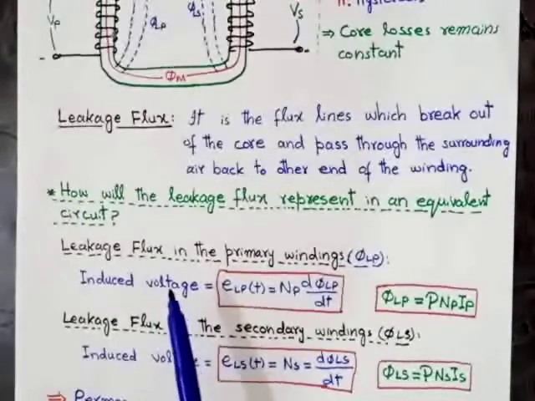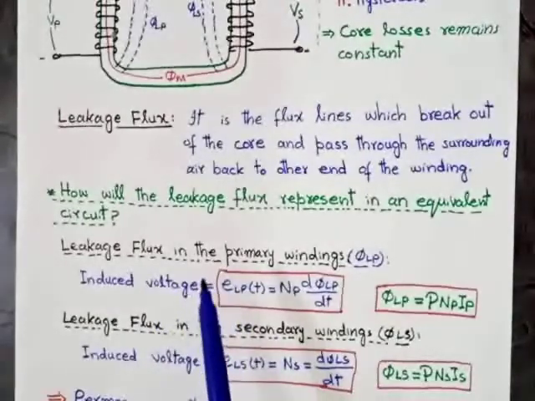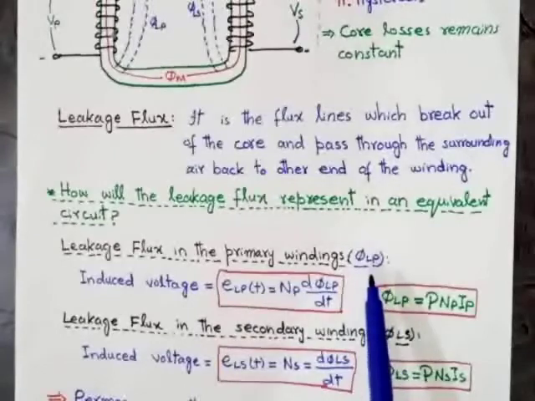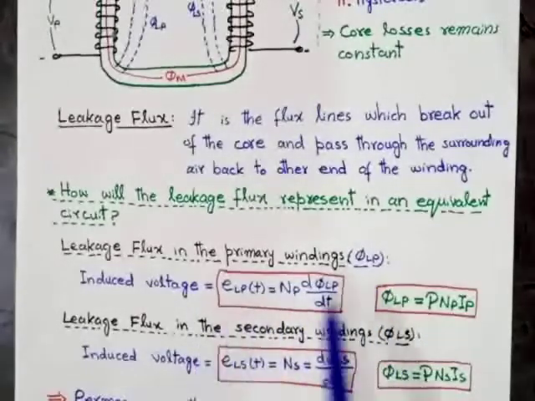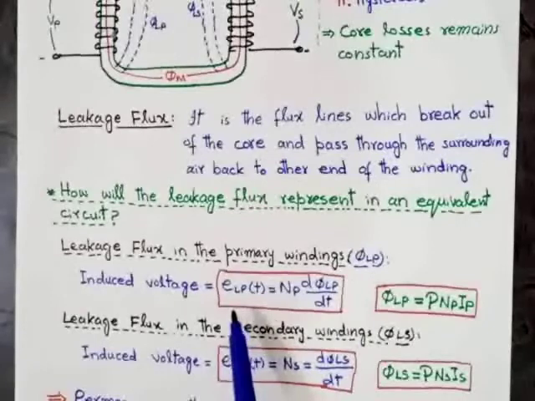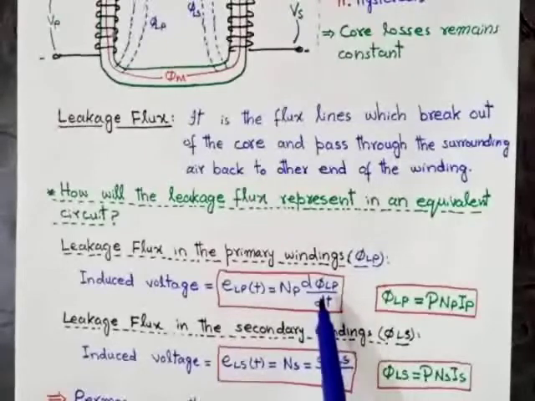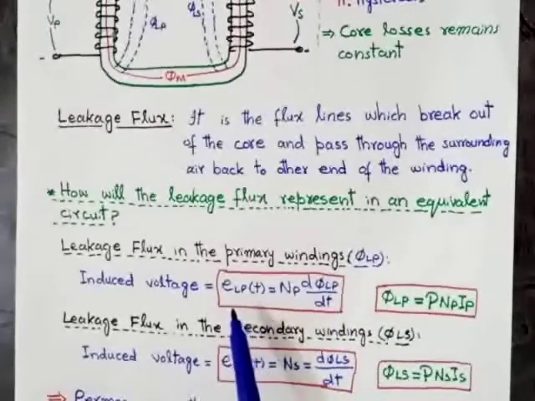As we have already discussed, the leakage flux in the primary winding is flux LP. The induced voltage due to this leakage flux is E equals NP d phi over dt. When the leakage flux is more, the induced voltage will be more. When the leakage flux is less, the induced voltage due to leakage flux will be less as well.